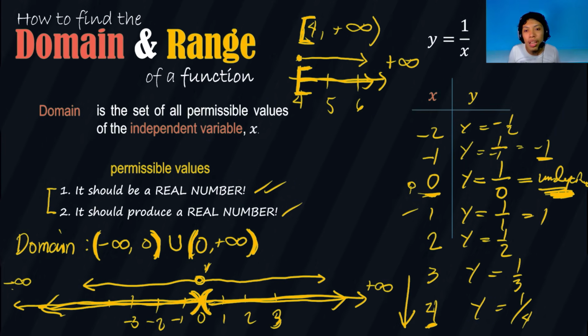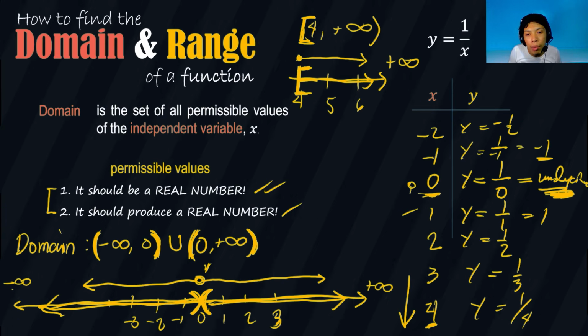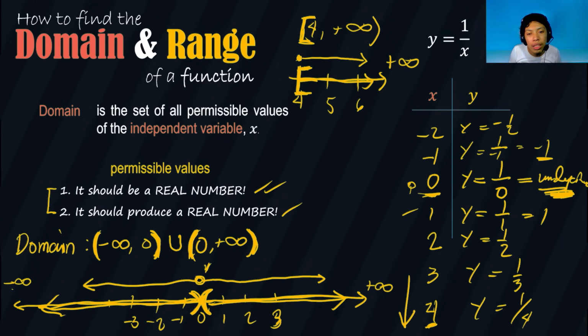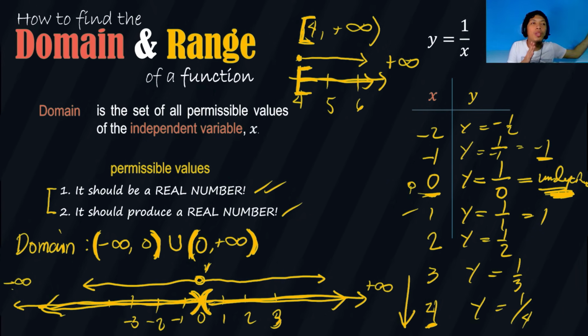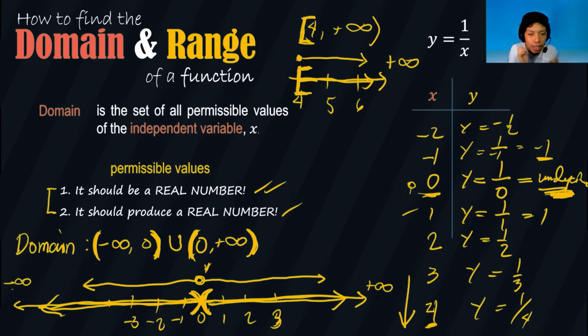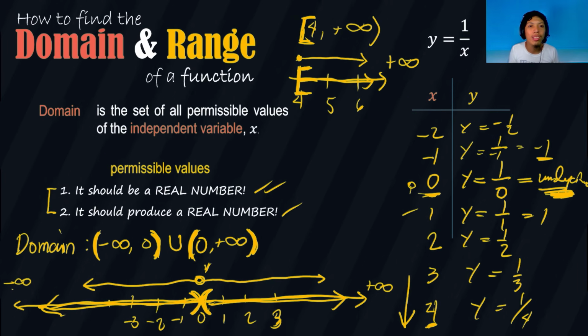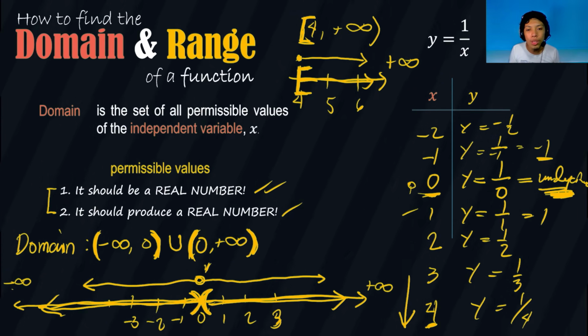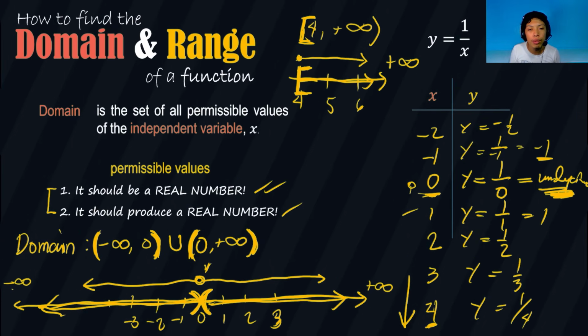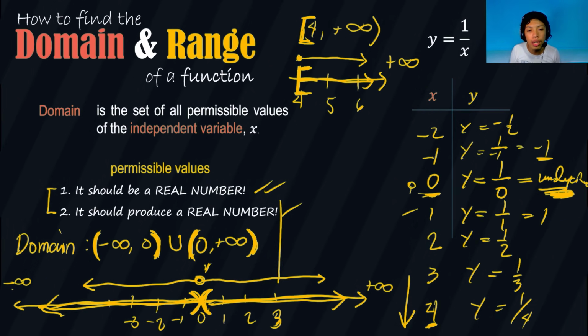Here, we use parentheses. That means that from 0 to positive infinity, but excluding 0. Nakuha? Okay? So this is how you write it in interval form. Just put a line here.